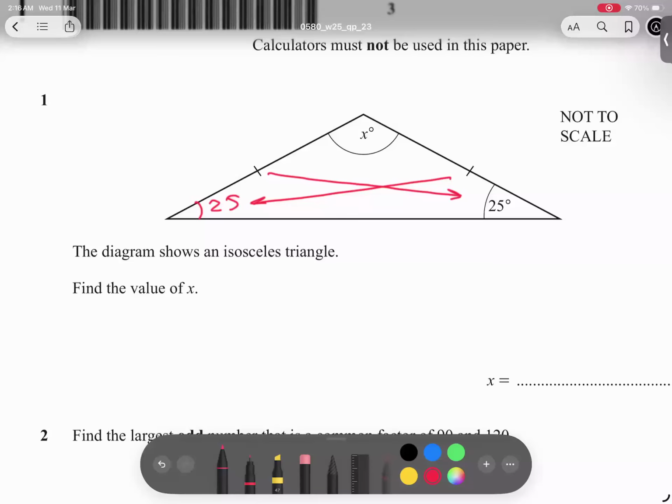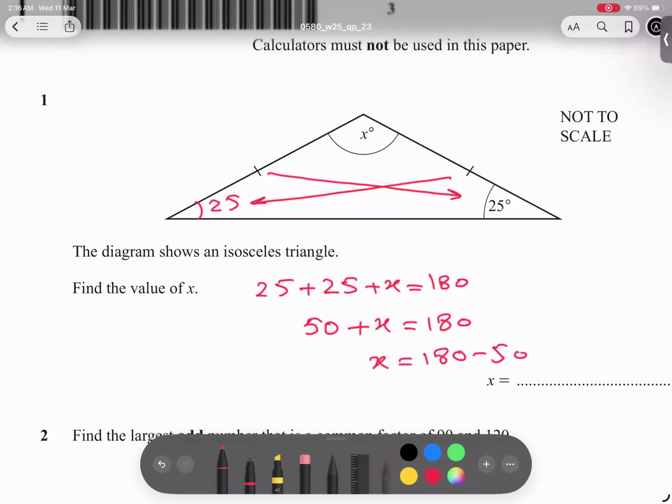So 25 plus 25, and all of you know the sum of the angles in a triangle is always 180. 25 plus 25 plus x equals 180. 25 plus 25 gives us 50, and this 50 goes on the other side, and we get 130. I hope the point is very, very clear. Okay, so the first question is over.